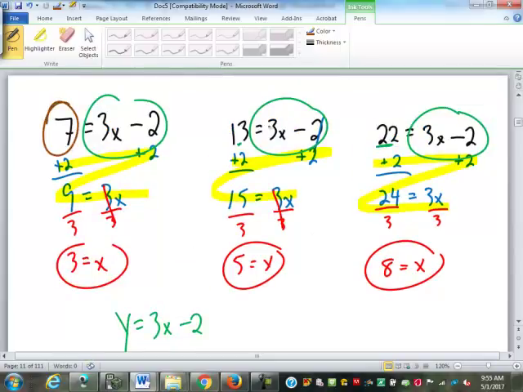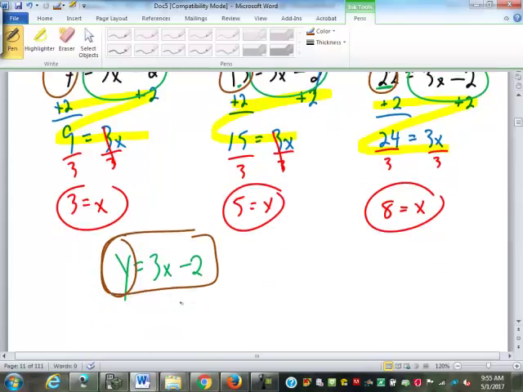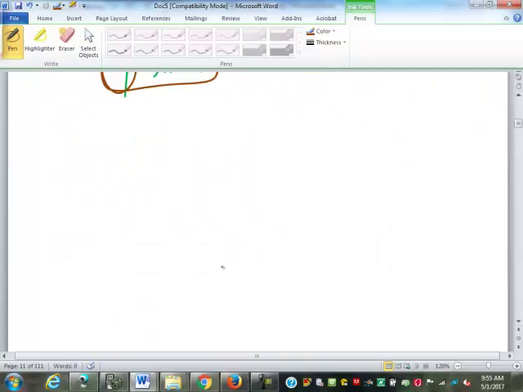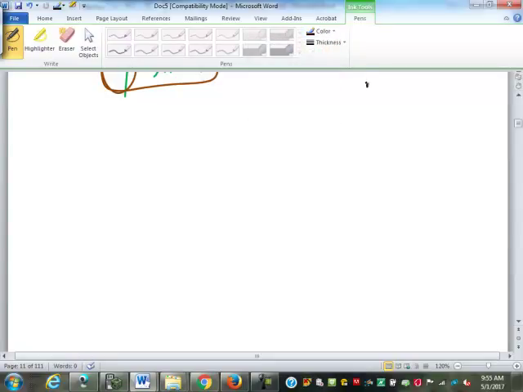Every different possible number I can put in here is represented by this general equation here. The problem is there's an infinite number of numbers I can put in there for y. There's an infinite number of these equations in this family. So to represent their solutions, I can't just list them out because there's too many of them. So we usually represent them graphically on this graph.